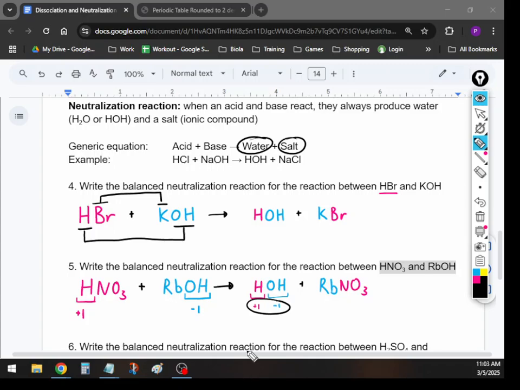Now, all the molecules have to balance each other out, and based on that, we can figure out what the charge of the other ions are. So for your acid, we have +1 for the hydrogen. That means the rest of the molecule, NO3, needs to balance that out, which means this is going to be -1. So NO3 is -1 because it needs to balance out the +1 from the hydrogen.